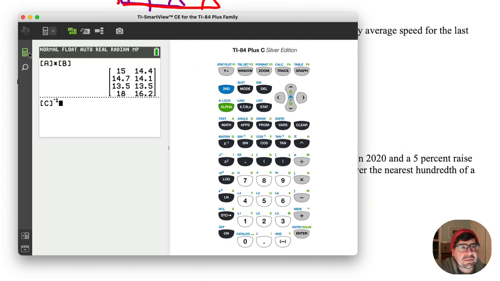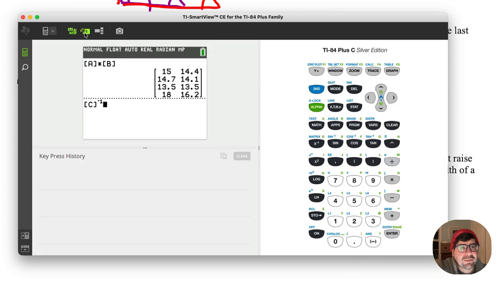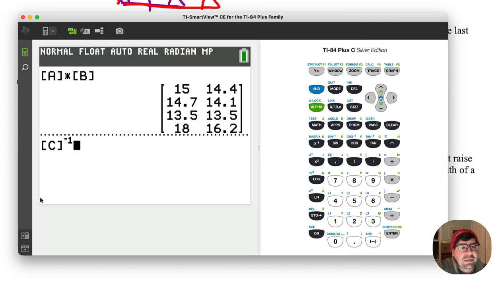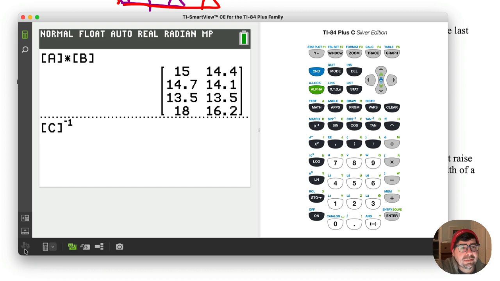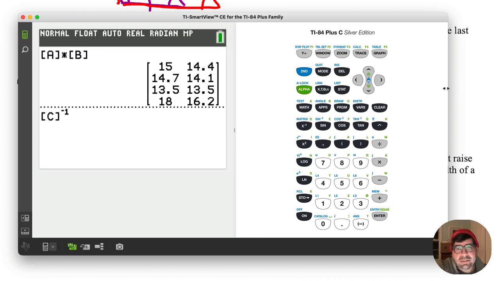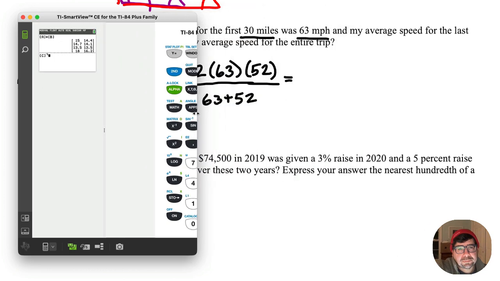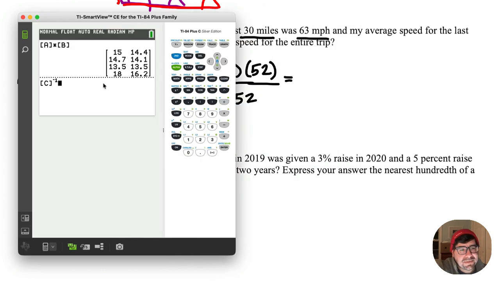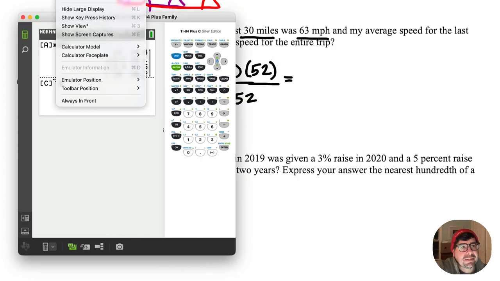Let me change how this looks. I forgot how to do this. Sorry, bear with me a second. I'll just leave it side by side. There's a way to get this screen up here. Sorry, just bear with me.